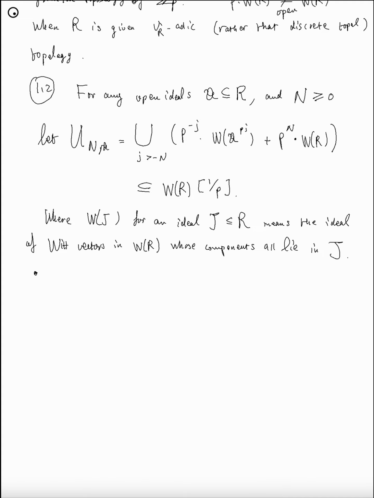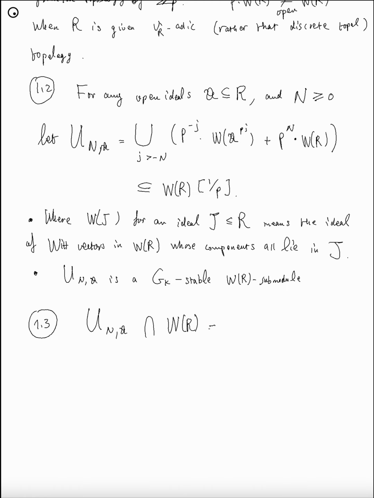And there are several facts. Actually, U_{n,A} is a stable WR submodule. Second thing, actually, as I said, this is an extension of the weak topology on WR.